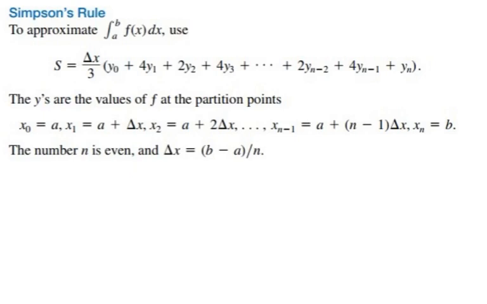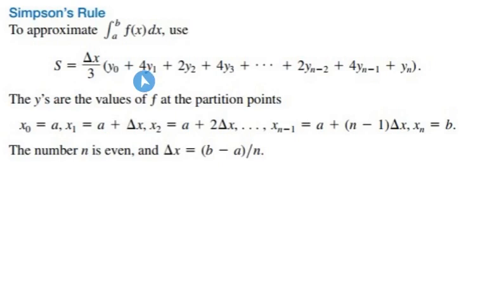All right, and the reason that is, is because we have a different patterning. You'll notice that my first y value and my last y value have a coefficient of 1. But in the middle, those y values, we're going to have 4, 2, 4, 2, 4, 2, 4, 2, 4, right? So it's this alternating pattern.